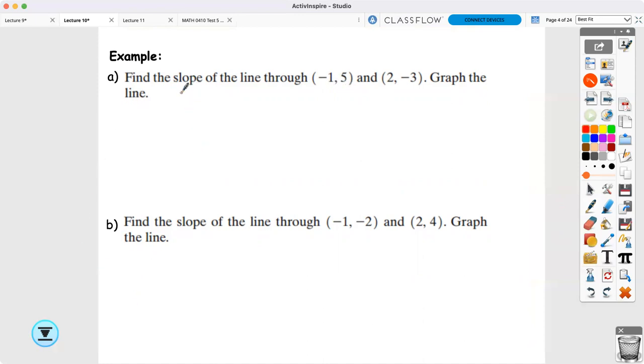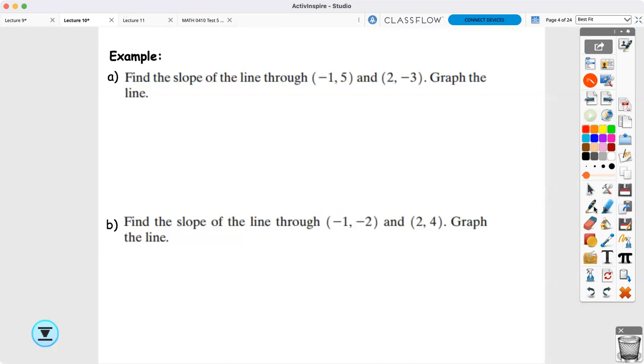We're doing it twice, so we're gonna start with A first, and give you a minute to write this down, and then we'll jump into it. Alright, let's get into it.